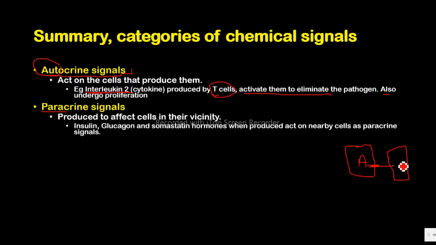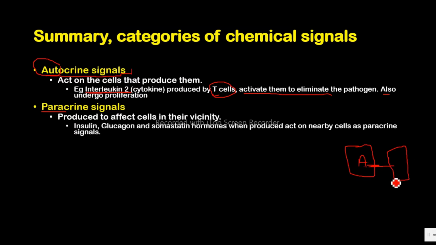And depending on the reason why that chemical has been produced, it will bring about that effect. For example, let's say this cell B has misbehaved. Maybe it has turned into a cancerous cell. Then this cell A will produce a histamine that will diffuse through this gap junction to cell B to induce it to undergo what we call autophagy, programmed cell death.